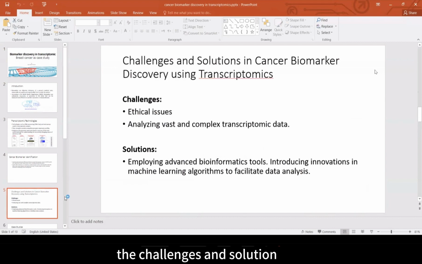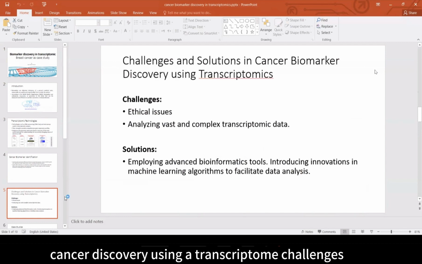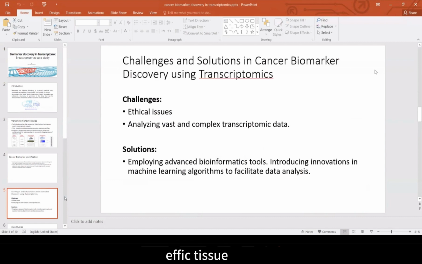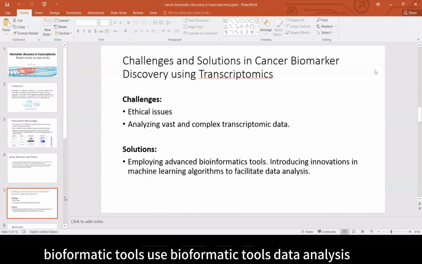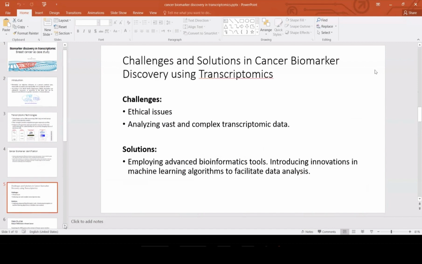The challenges and solutions in cancer biomarker discovery using transcriptomics. Challenges: ethical tissue analysis and vast, complex transcriptomic data. Solution: use bioinformatic tools for the data analysis.